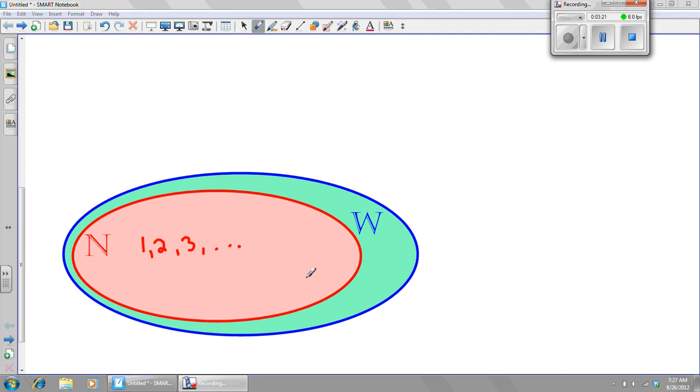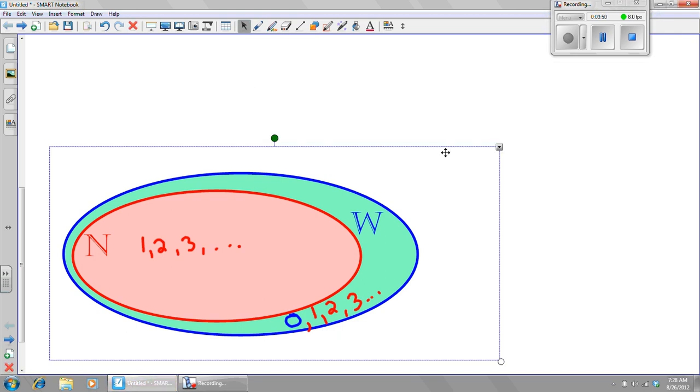And remember, the whole numbers start with 0, but they also include 1, 2, 3 on forever. No fractions, no decimals. And notice that if I'm in the natural circle or oval, I'm automatically in the whole oval. All right. Then we talked about the integers.